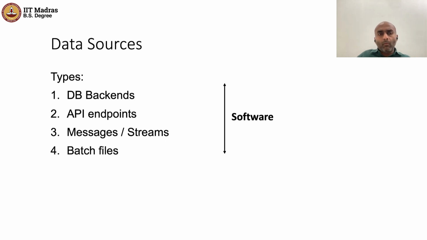Now, who produces data? Let's ask this question. It might seem like a very obvious question, but the reason why it's important is that it automatically sets up a set of corollary questions that you need to answer. And this becomes important for the designer who's actually building the data engineering pipeline.